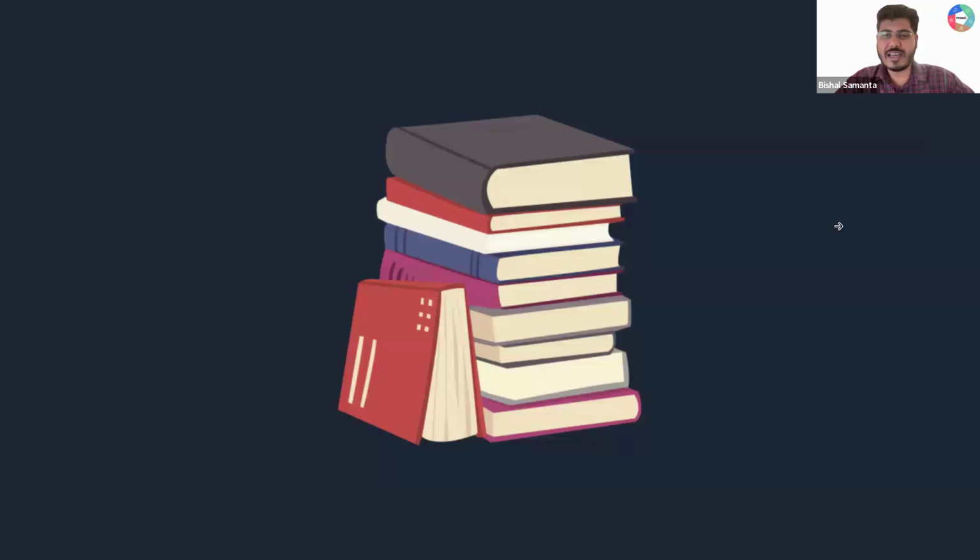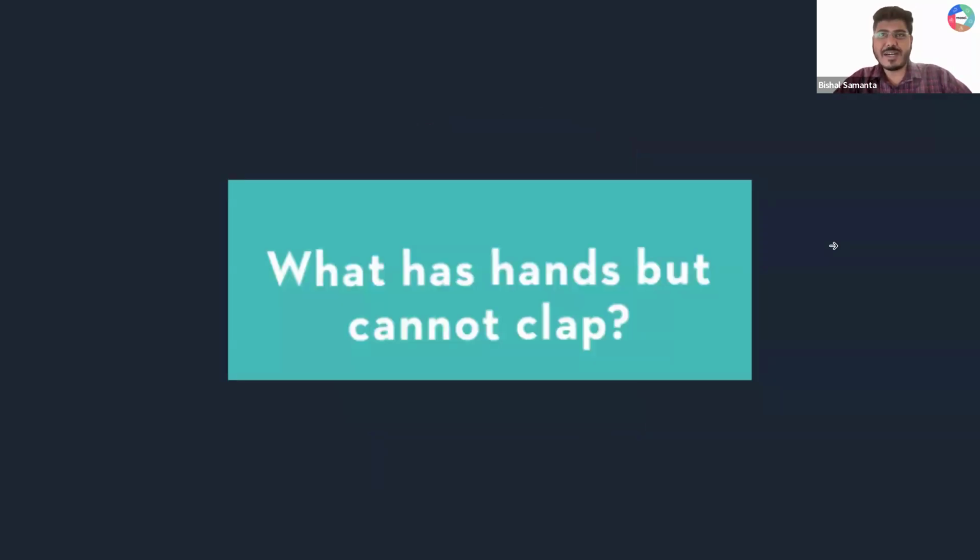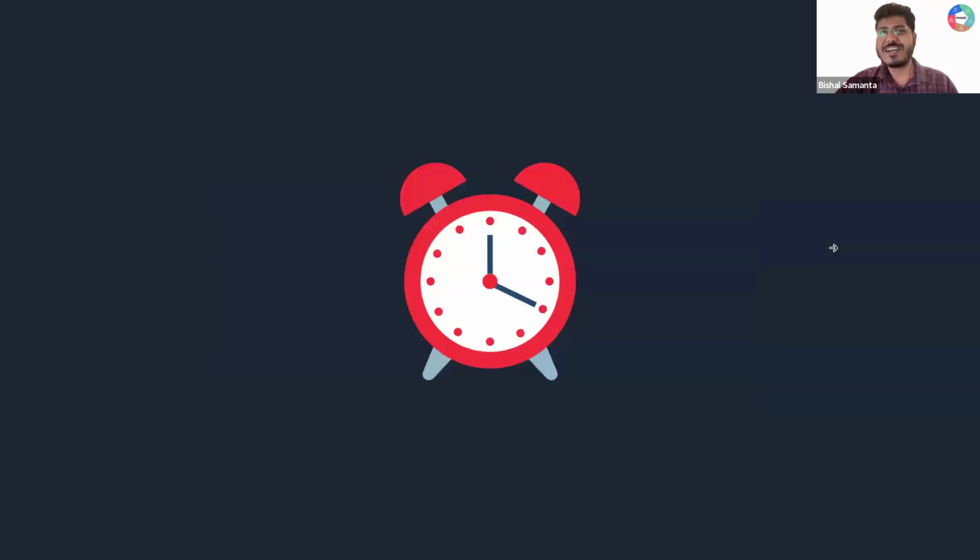If you have a book, there could be many words and sentences present but it never speaks, right? Okay, great. Dictionary, many of you are typing. Okay, what has hands but cannot clap? What has hands but cannot clap? You guys are smart. I'm getting good answers for this. Okay, clock, right? It has hands but cannot clap.